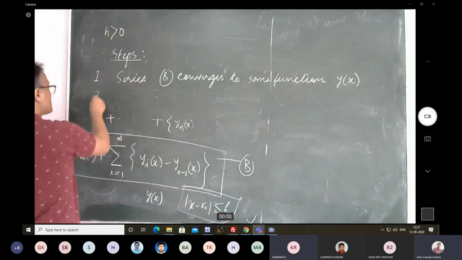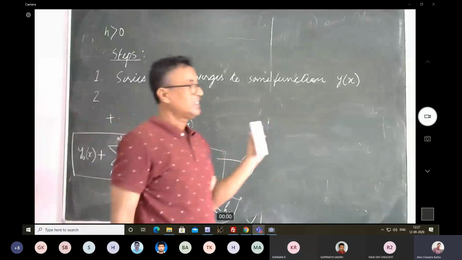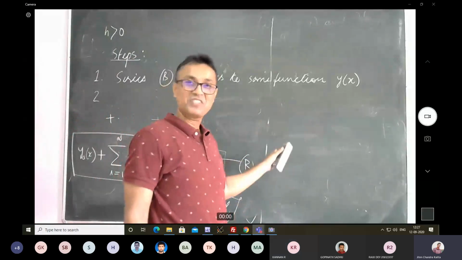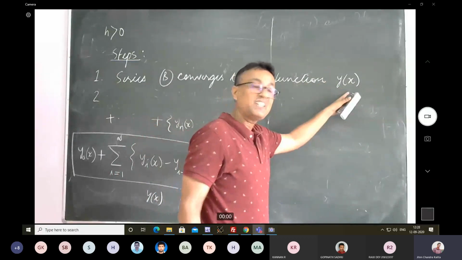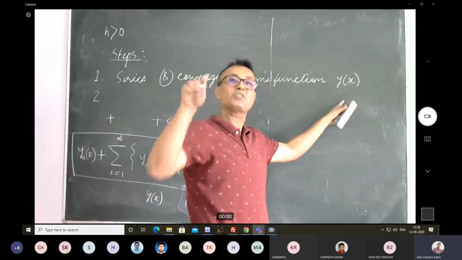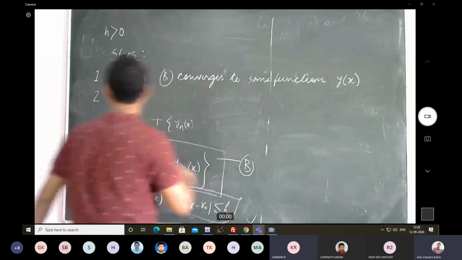Then number 2. It is not enough that it converges; I have to prove that this y(x) is a solution of the integral equation 2.